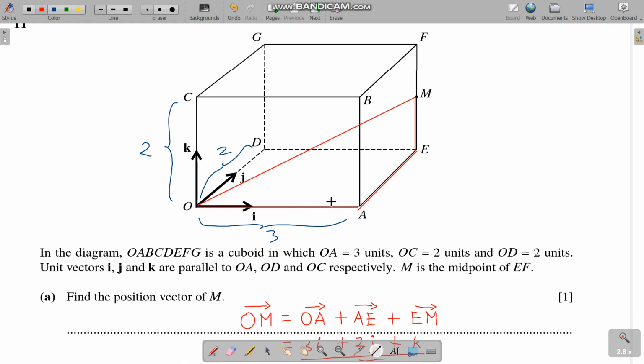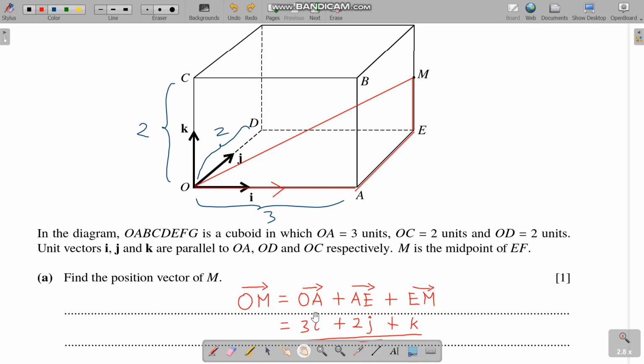So if we do it this way, from O to A, we are going 3 units in the I direction, so we say it's 3I. From A to E, this is 2, so 2 units in the J direction, so positive 2J.